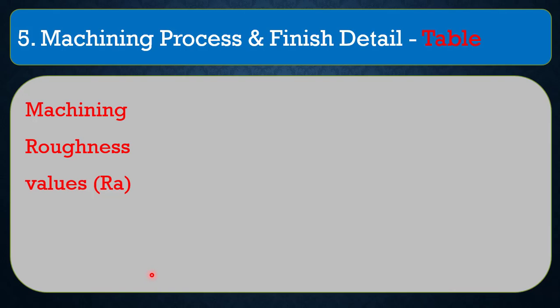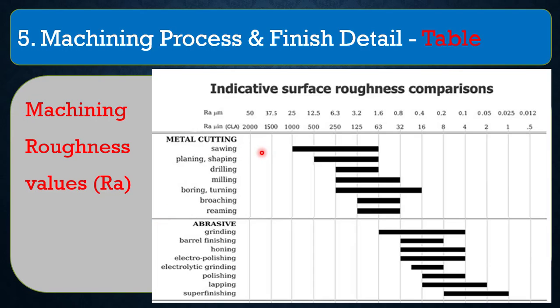Number 5, machining process and finish detail. Number 1, metal cutting. This is the table showing the range of surface roughness value from each metal cutting process and grinding process through abrasive wheels. Taking an example, planing or shaping, the surface roughness value starts from 1.6 up to a maximum of 12.5 micrometers.